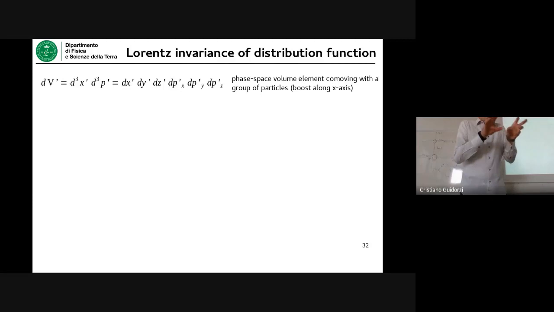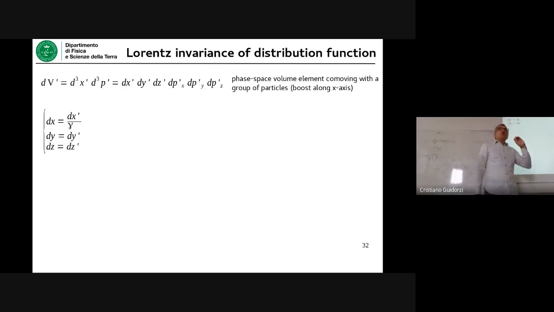So in this volume, you can define dV prime as the elementary volume in the comoving phase space. Prime, I remind you, stands for comoving frame. In it there will be, of course, a spread in the 3 spatial coordinates as well as the 3 momentum components.